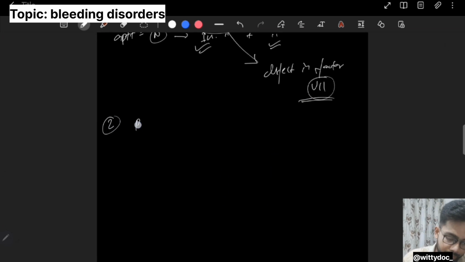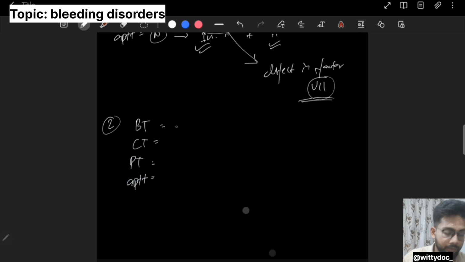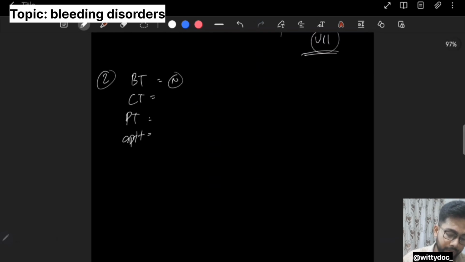Secondly, we take another example, BT, CT, PT and APTT. BT is normal, CT is elevated, PT is normal and APTT is elevated. If BT is normal, that means platelets and von Willebrand factor are normal.